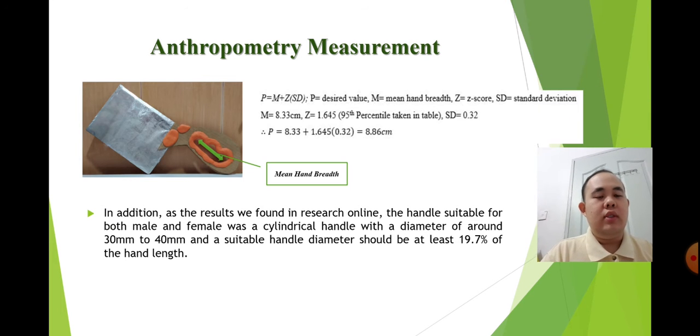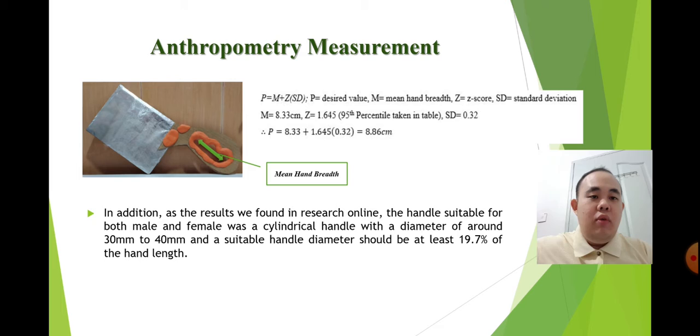Let's move on to the first, anthropometric measurement. In anthropometric measurement, we have to calculate the desired hand breadth in order for us to design the handle. The mean hand breadth we can get from the anthropometric data online based on Malaysian young male adults.